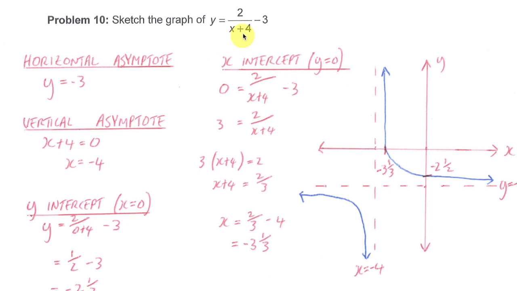Vertical asymptote. Let's just take x plus 4, make it equal to 0, solve for x, and so I work out that the vertical asymptote is x equaling negative 4. So straight away what I can do is rule up my Cartesian plane and place in my asymptotes.